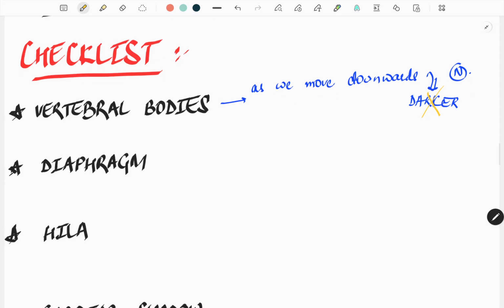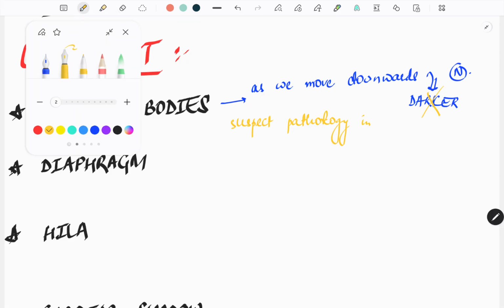If not becoming darker, then we should suspect pathology in the lower lung fields.